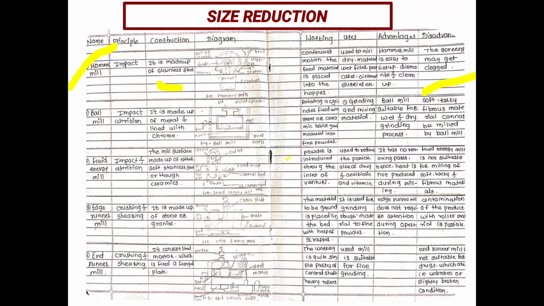Fluid energy mill does not produce it. Fluid energy mill is used to reduce the particle size of drugs, antibiotics and vitamins.